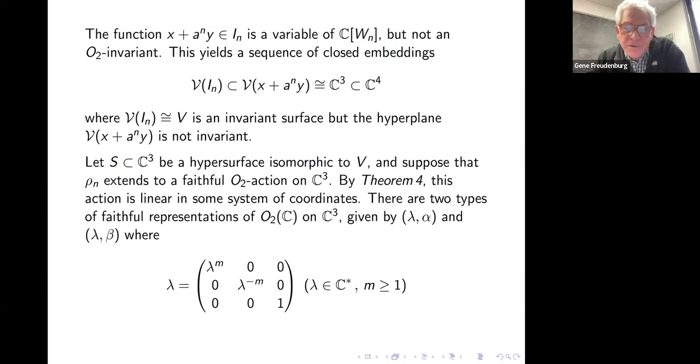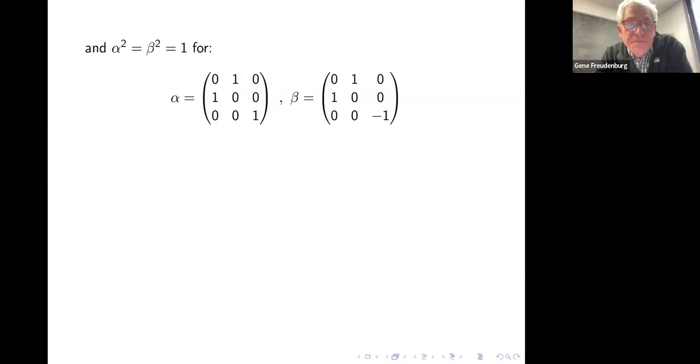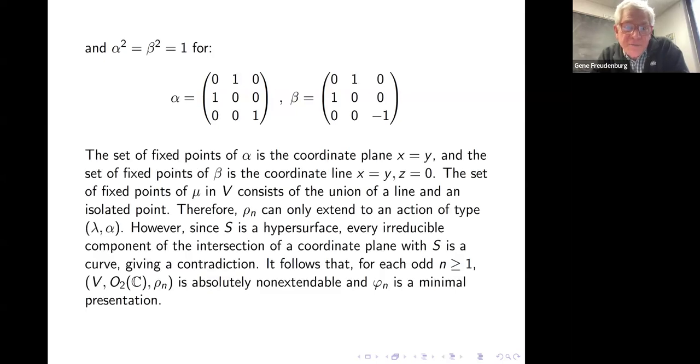There are 2 types of faithful representations of O2 on C3 given by lambda alpha or lambda beta, where lambda is the C star action, and the 2 different choices for involution are given by these 2 matrices. If we look at the set of fixed points for alpha, it's a coordinate plane defined by x equals y. And the set of fixed points for beta is a line given by x equals y and z equals 0.